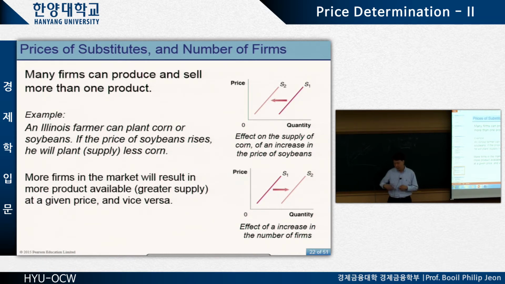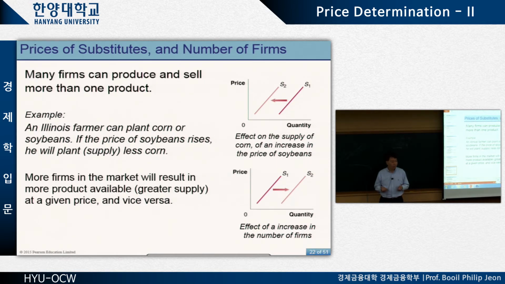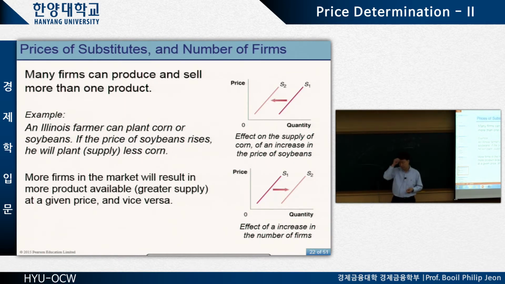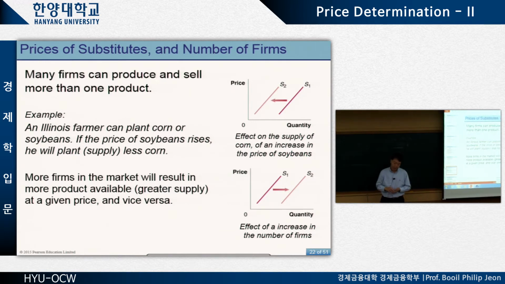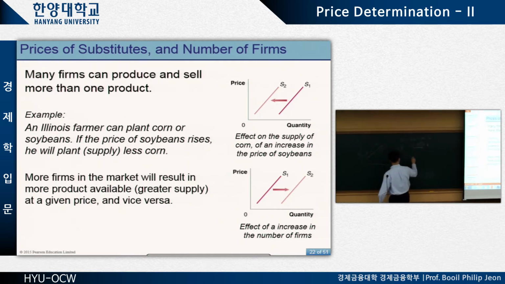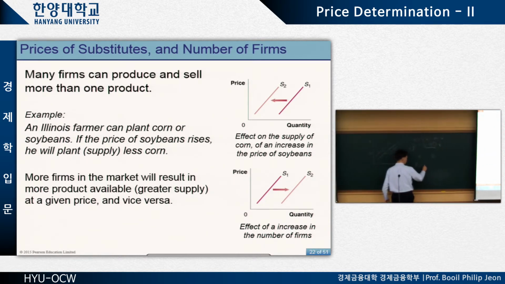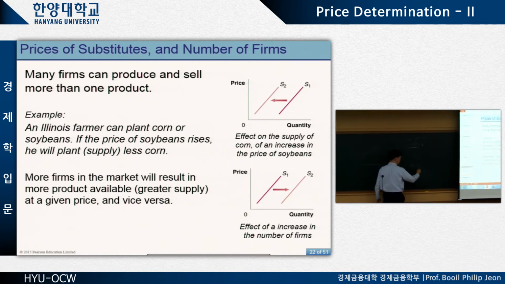So the producers have a few choices, or substitutes, in their production, right? They can produce either A or B or C or something like that, depending on the demand, right? So okay, let's say products A and B, and the price of A goes up. What's going to happen to the demand for B?